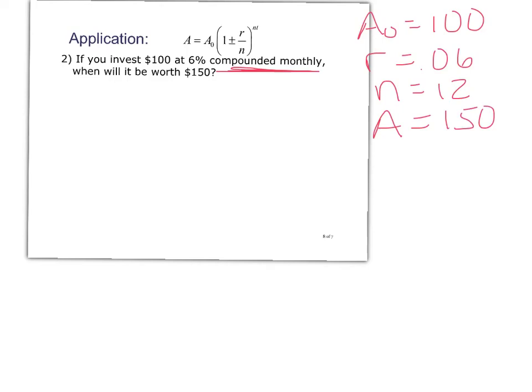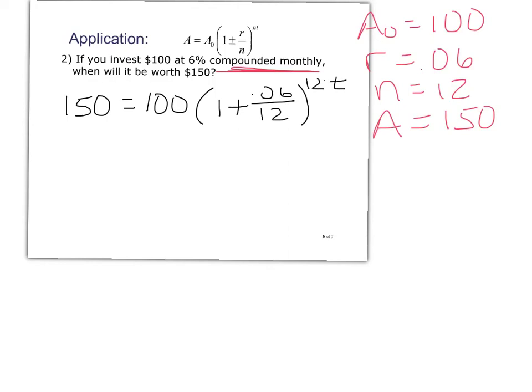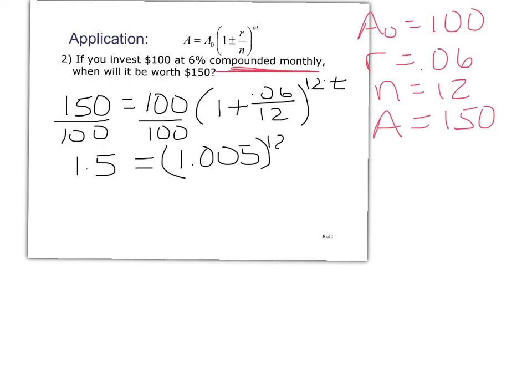So I'll set up the equation. 150 is equal to 100 times 1 plus 0.06 over 12 to the 12 times t. So if I divide by 100, that gives me 1.5 is equal to 1.005 to the 12t.